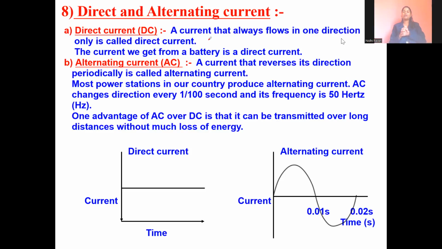They produce alternating current which changes direction every 1/100 second, and its frequency is 50 hertz. One advantage of alternating current over direct current is that it can be transmitted over long distances without much loss of energy, but to transport direct current, there will be much loss of energy.